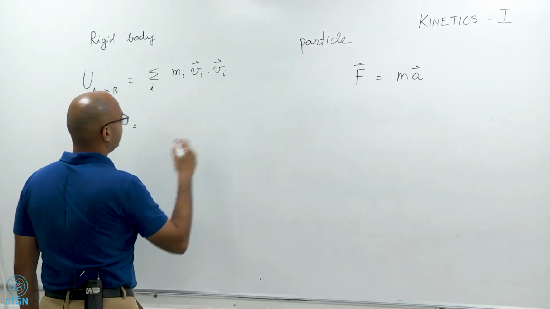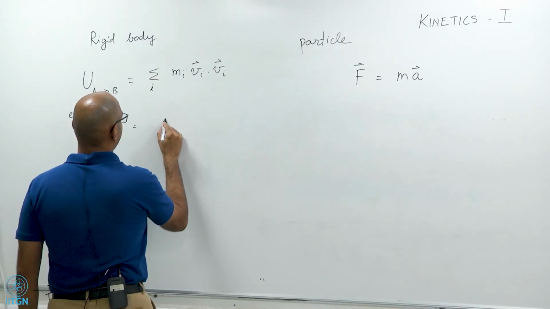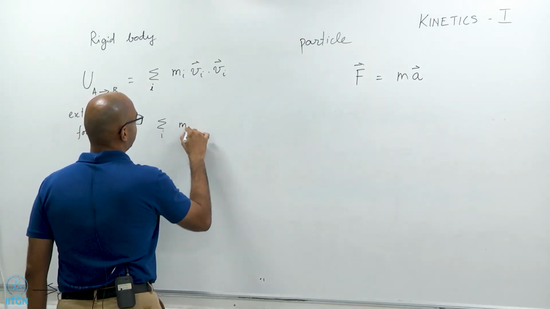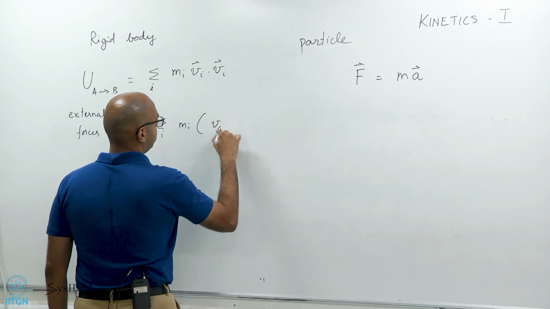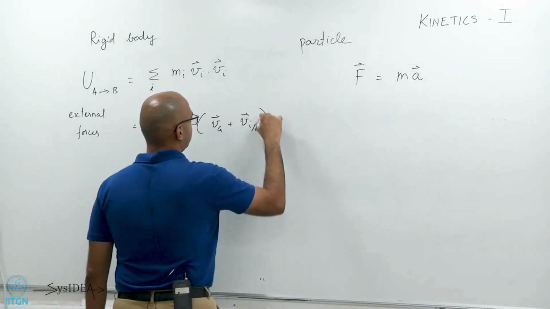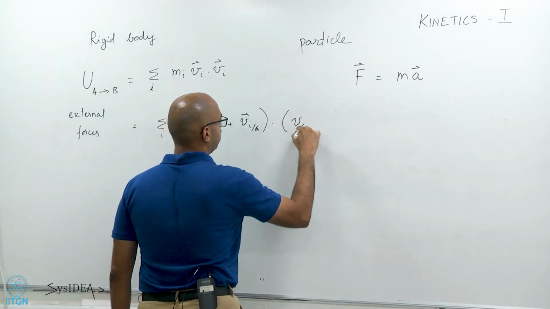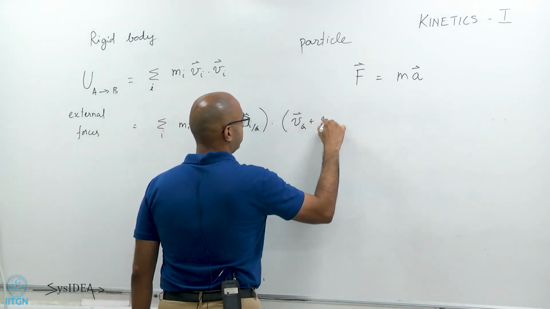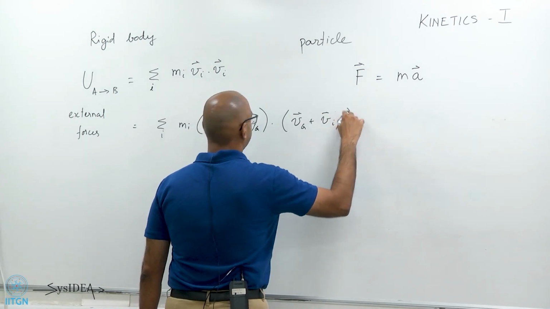And this, using the trick that I just mentioned earlier, I would write as mi times (Vg plus vi with respect to G) dotted with (Vg plus vi with respect to G).